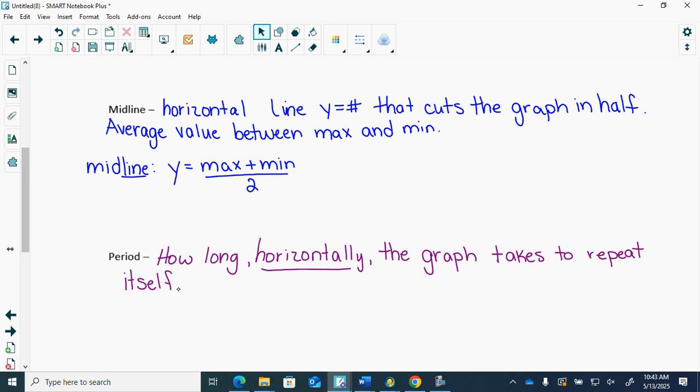Okay? How long the graph takes to repeat itself horizontally. So it's very important, the horizontal part. So it could be from a max to a max.